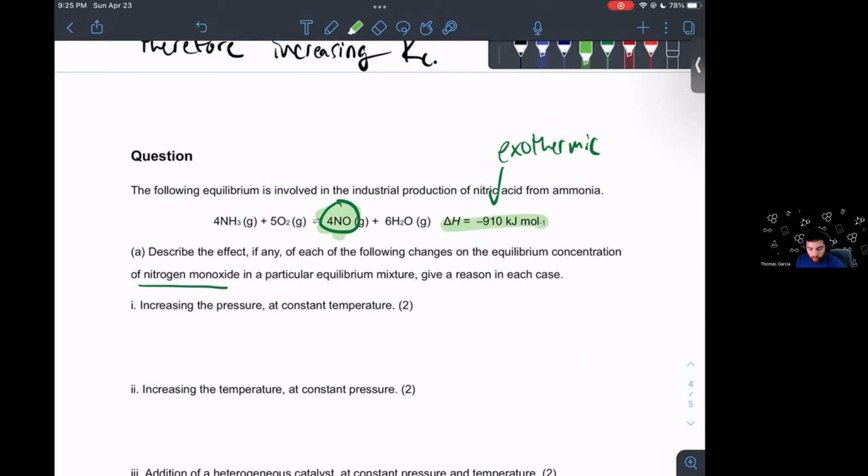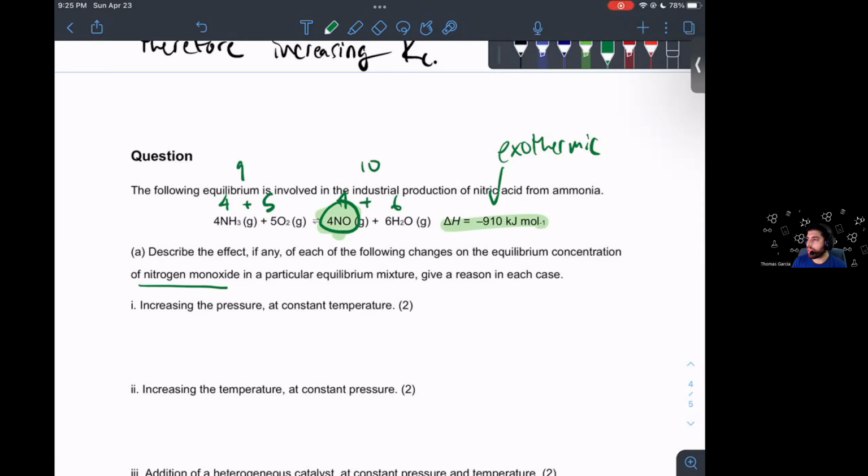So first thing, increasing the pressure at a constant temperature. Well, we have to check how much gas we have in each. We have 4 plus 5 moles here. We have 4 plus 6 moles here. We have 10 moles versus 9.